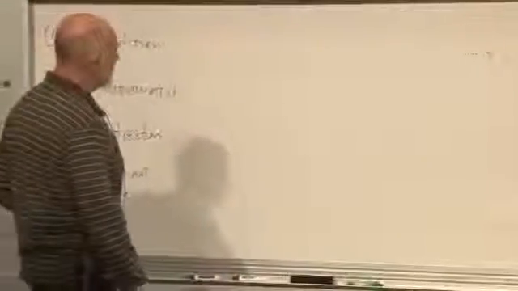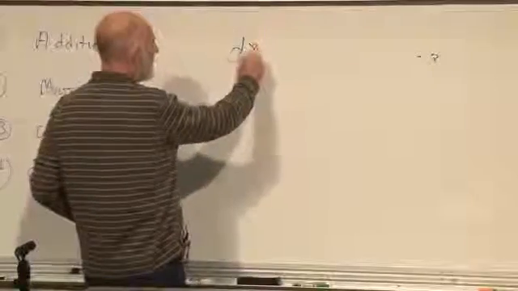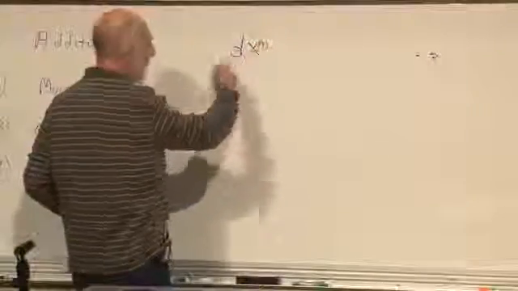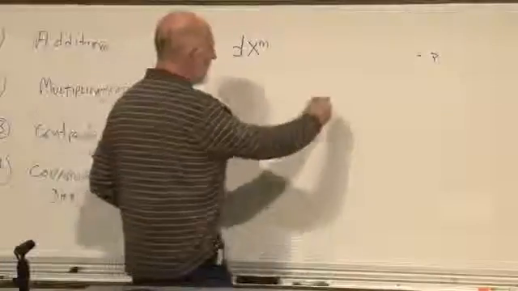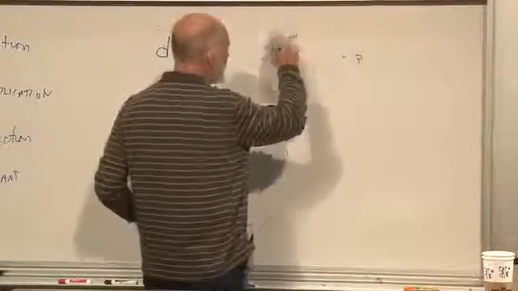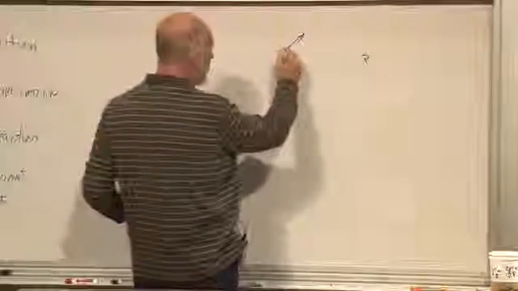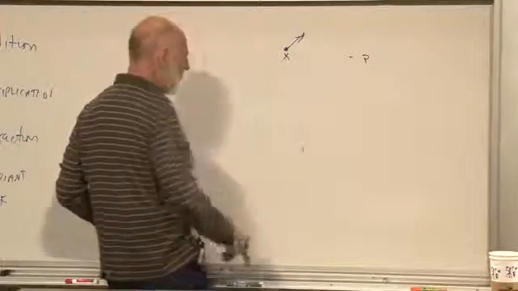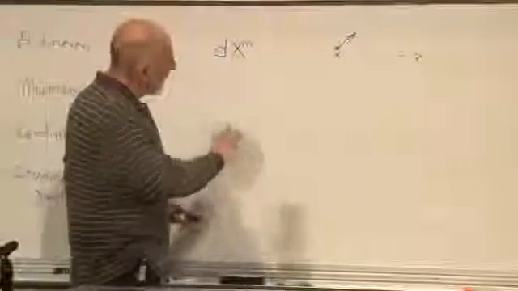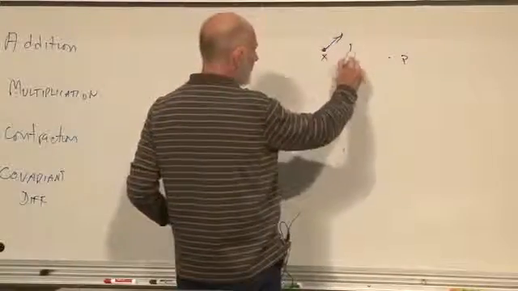Okay, the definition of the metric tensor is if we have a differential length element dx^m, which just represents the components of a displacement vector. Let's call it a displacement vector. Go to a point in the space called x, x^1 to x^n, and now displace it and call that little vector dx.